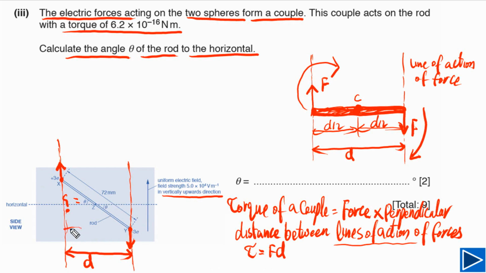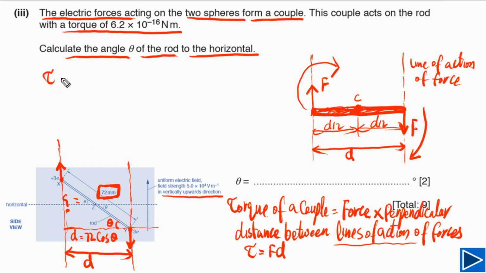If I draw this horizontal line here, you can see this angle is theta. The length of the rod is given, that is 72 millimeters. So this d will be equal to 72 cosine of theta.